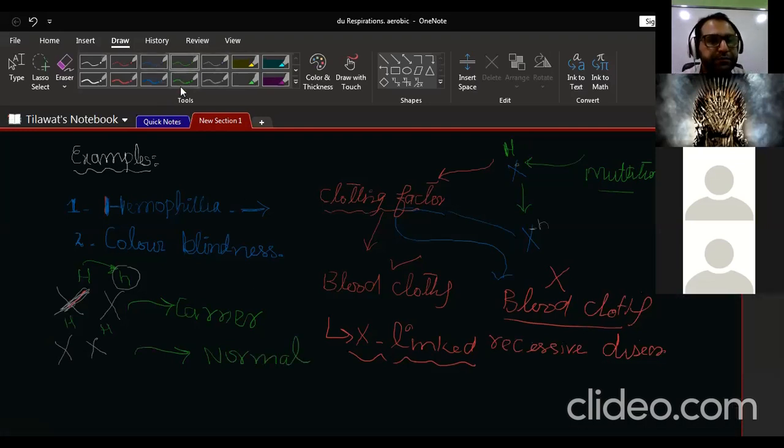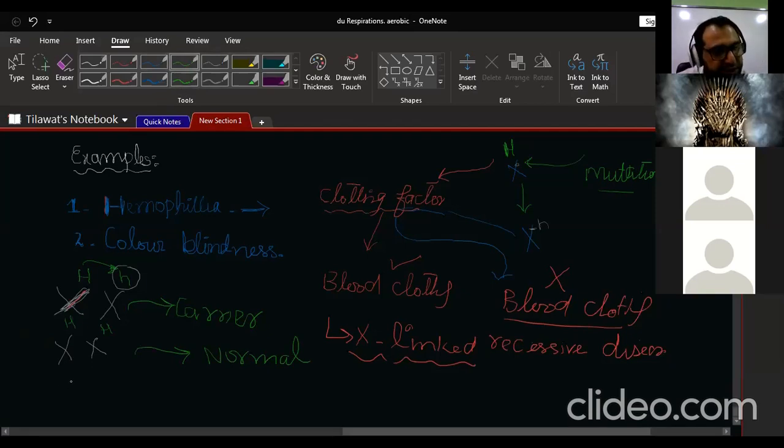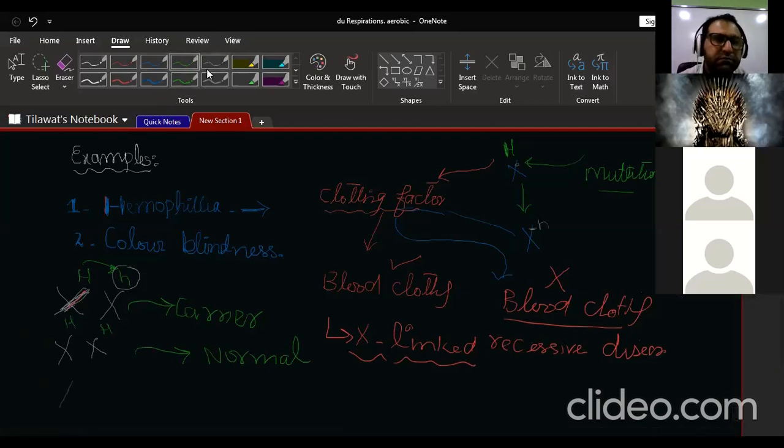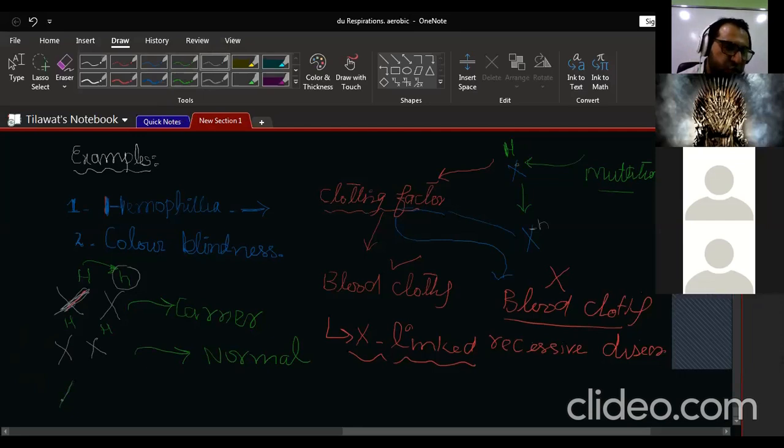While we have this condition for male, it should be XY only. Let's suppose a male having H capital, so that male is normal. Am I clear?